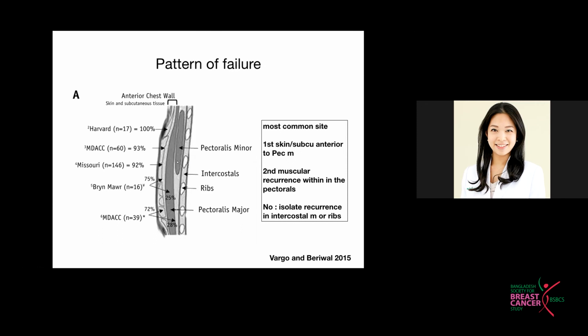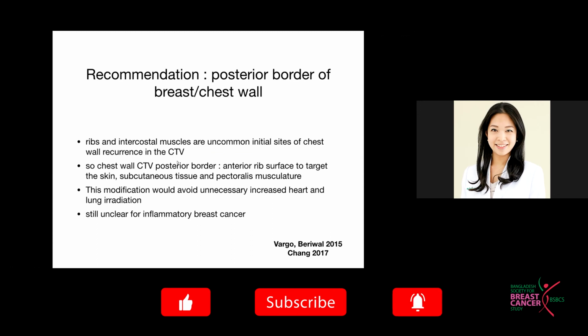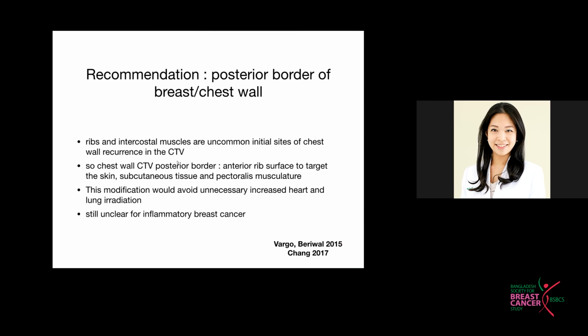So the recommendation is that the chest wall or the breast posterior border should be at the anterior rib surface. In my practice, for T4 or inflammatory breast cancer, I still include ribs and chest wall muscles.